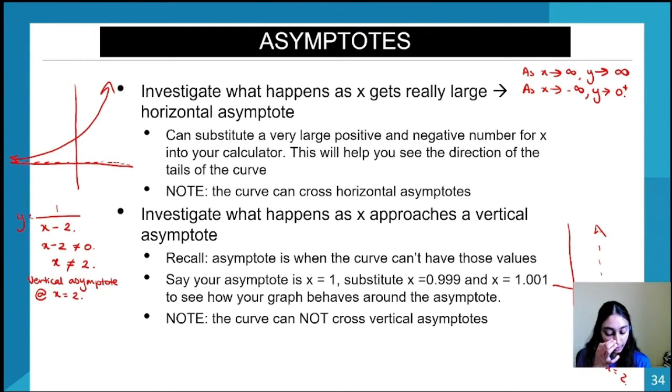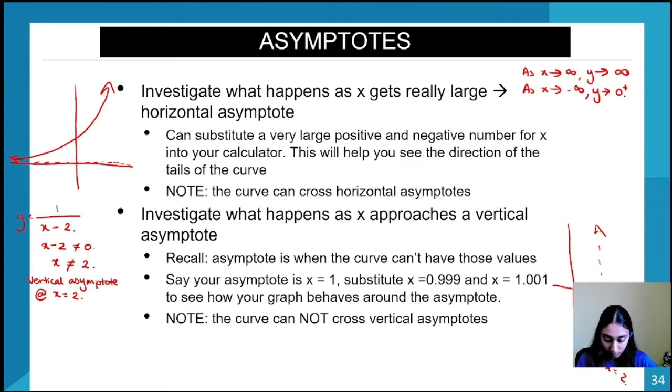So I'm going to take a look and see what will happen if I substitute just left of 2. So like 1.99999. So we'll go 1 on 1.99999 gets me to like 0.5.